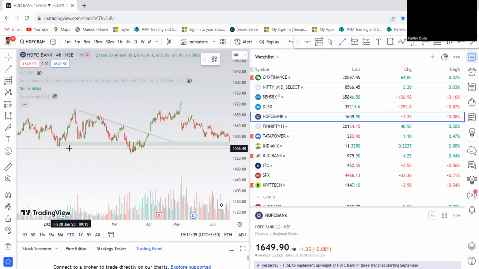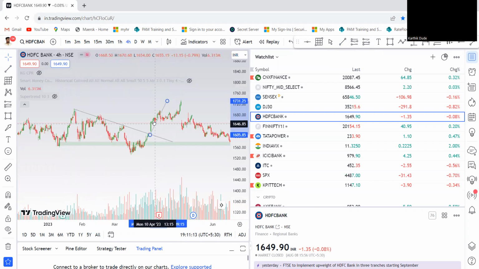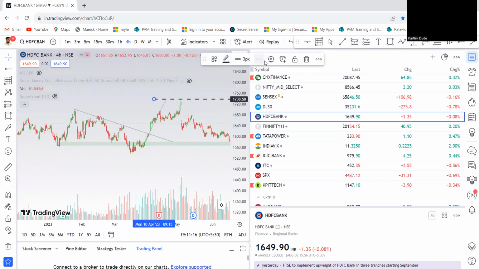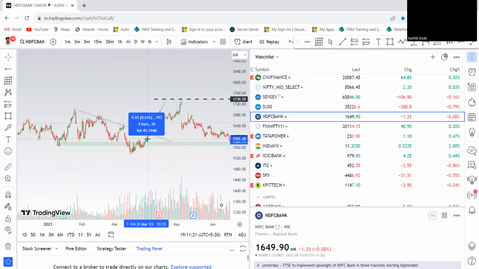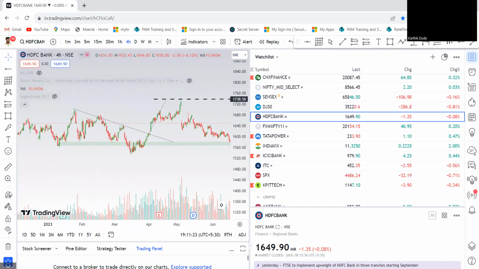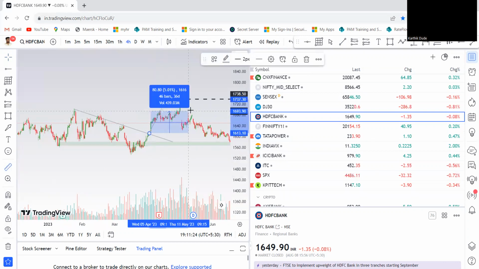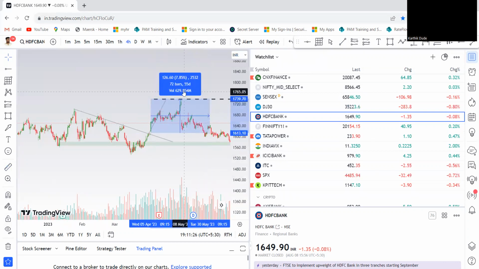And similarly, the length of this will be like this. See, from here it has moved till here, which is almost, oh sorry, 7%.